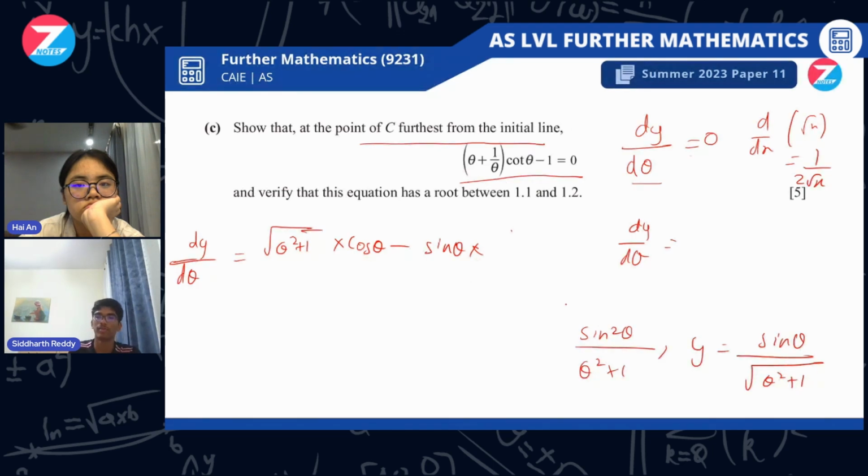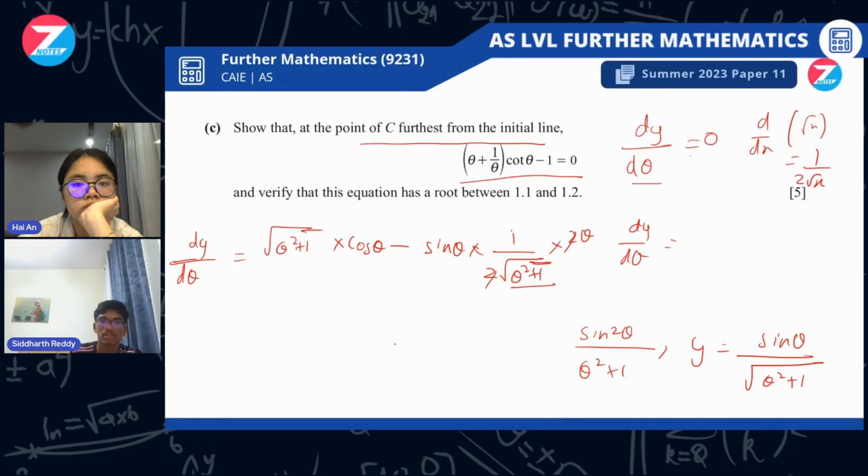So the derivative of root theta square plus 1 is 1 by 2 root theta square plus 1. Since theta is contained in a function inside, we have to multiply by the derivative of the inside, which is 2 theta.